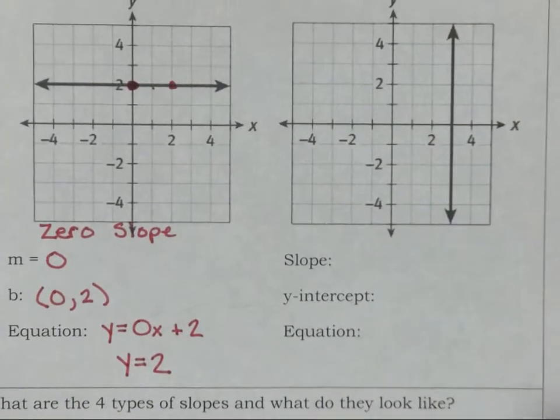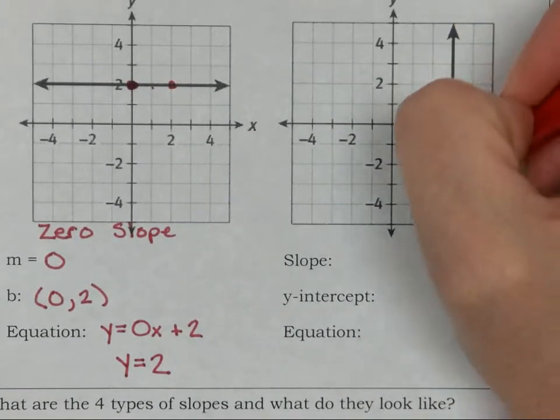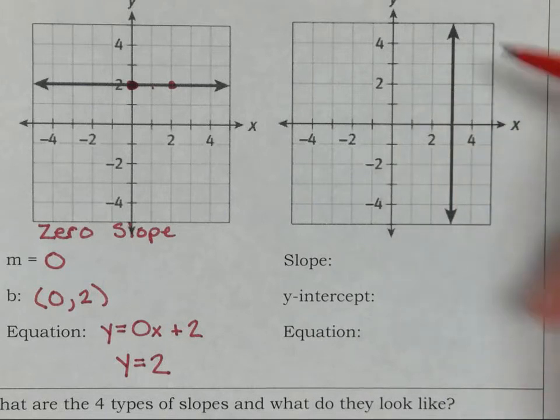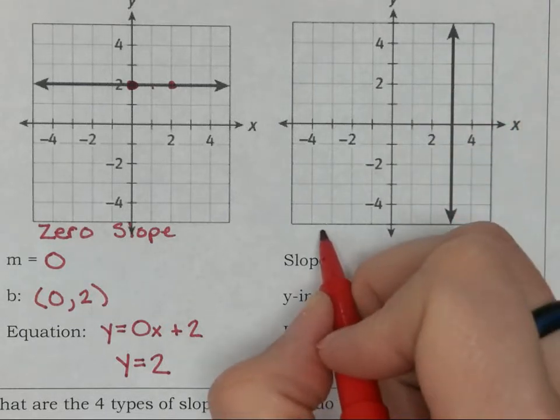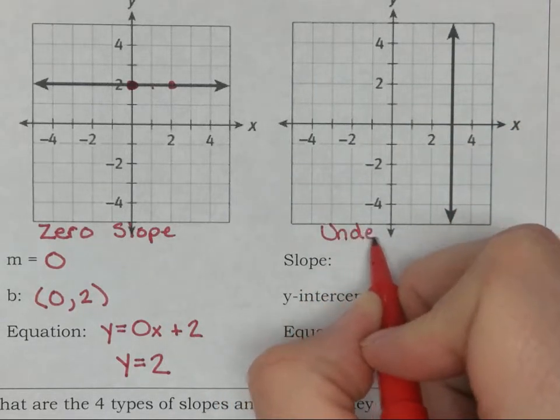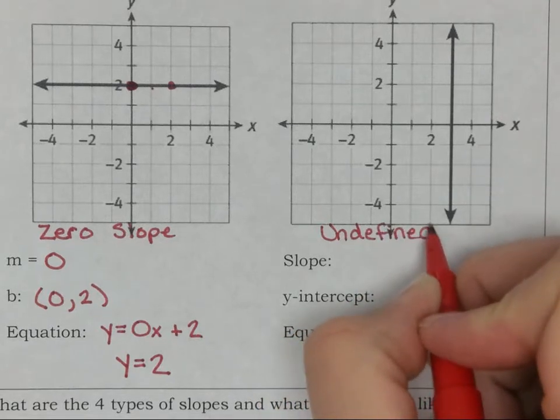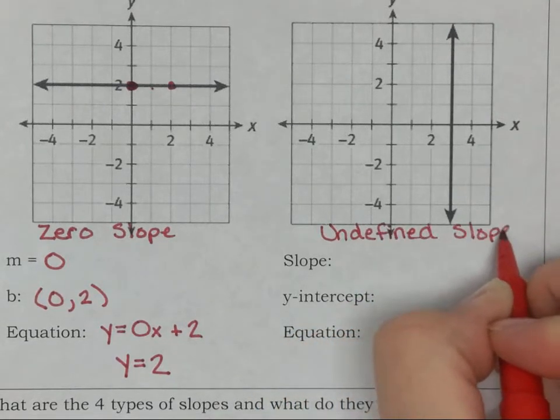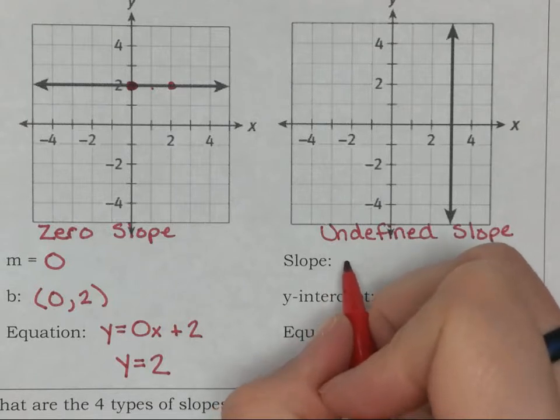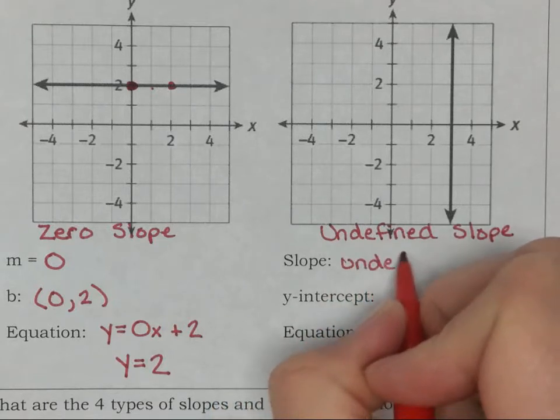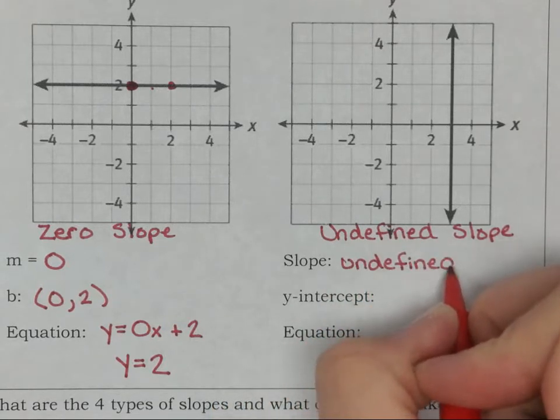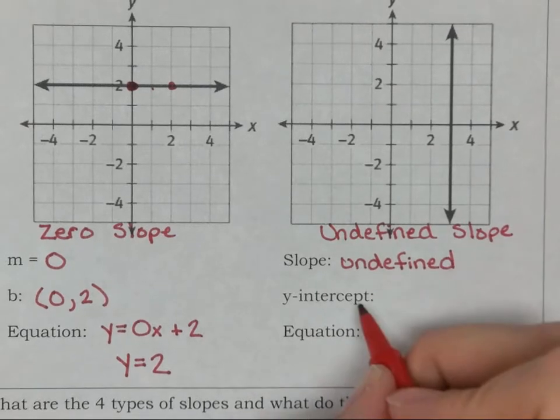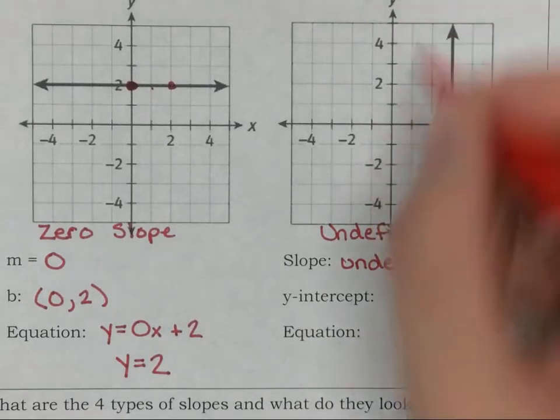And the very last one, I have a vertical line. And so this slope is undefined. So here I'll write undefined. My y-intercept, there is no y-intercept.